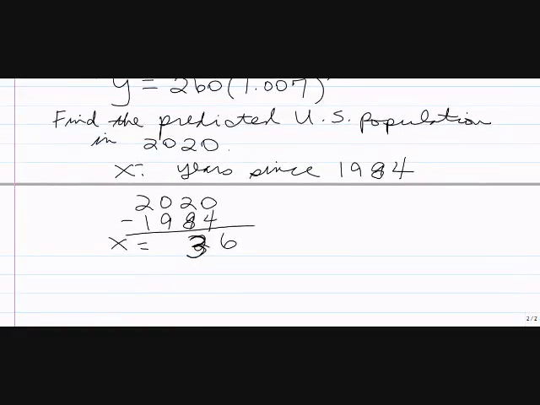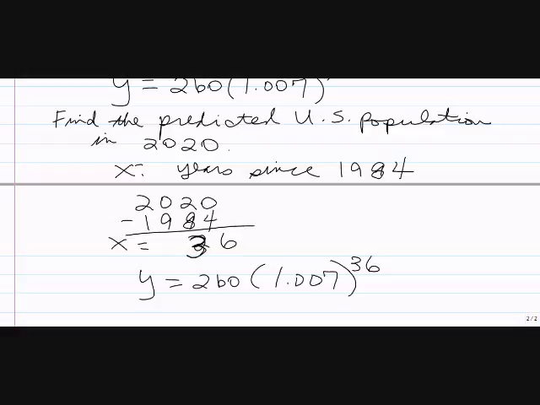Okay. Now I'll just use my equation. Y equals 260 times 1.007 to the 36th power. And you would never do this without your calculator. I guess you could use a slide rule if you knew how to do that.